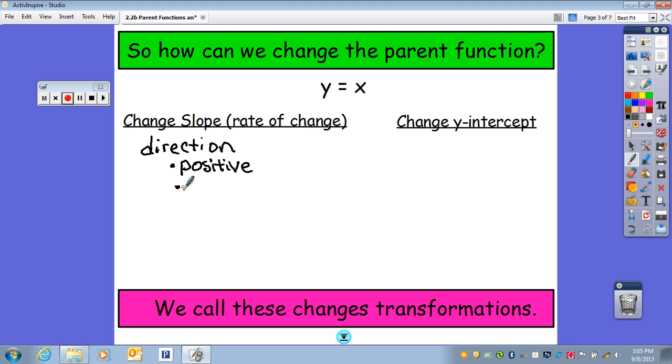We also might be changing the angle of the line, which may change to be more steep or more shallow than the parent function.